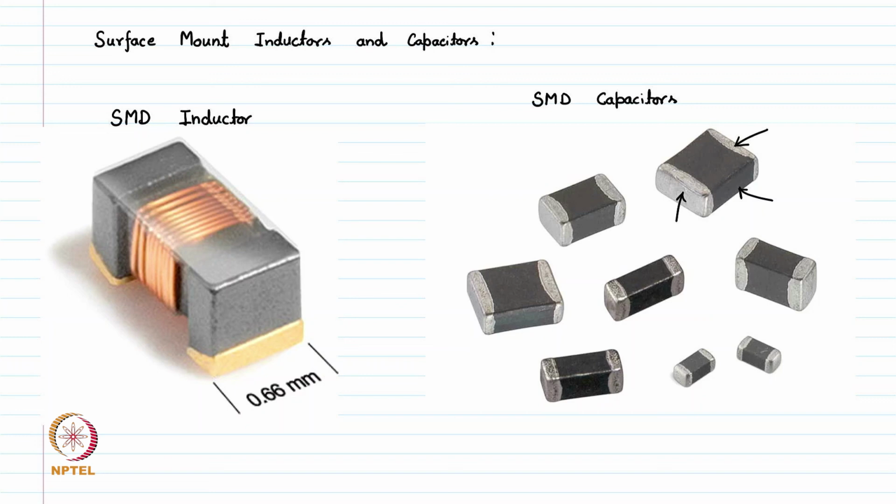These pads are used to connect this capacitor to the PCB. They are very small compared to PTH counterparts, and they offer very little parasitics and go for very high speeds. So nowadays we use all these SMD components to make our circuits.